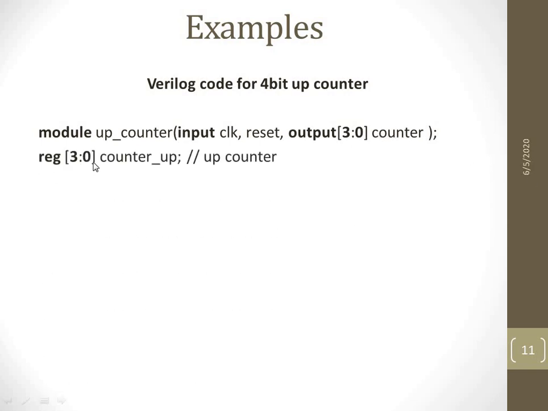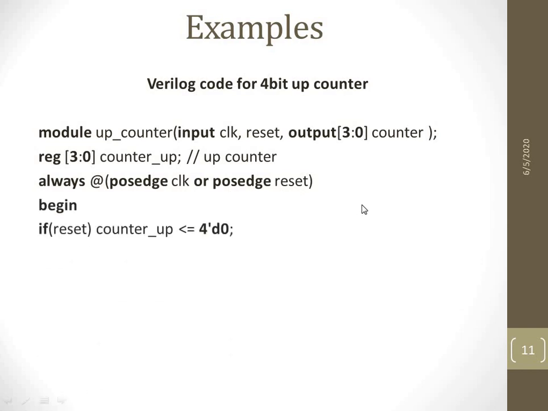I have taken the outputs as reg type, and always at positive edge of the clock or positive edge of reset, begin. If reset is 1, all should be 0. 4-bit decimal 0 indicates all four binary 0s. Else the counter should be incremented in steps of 1. So this is what it does, incrementing in steps of 1.